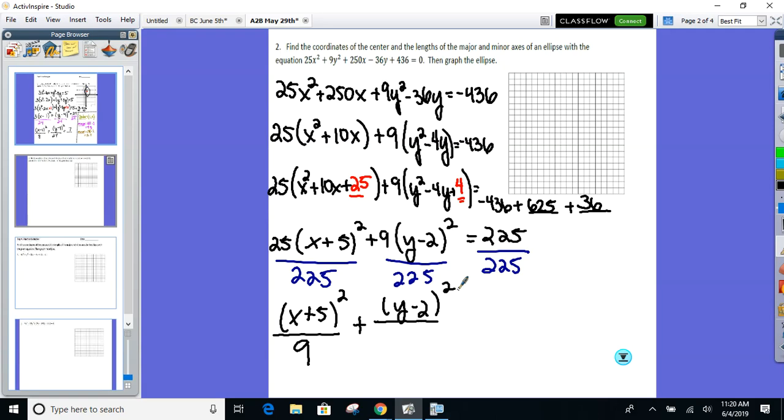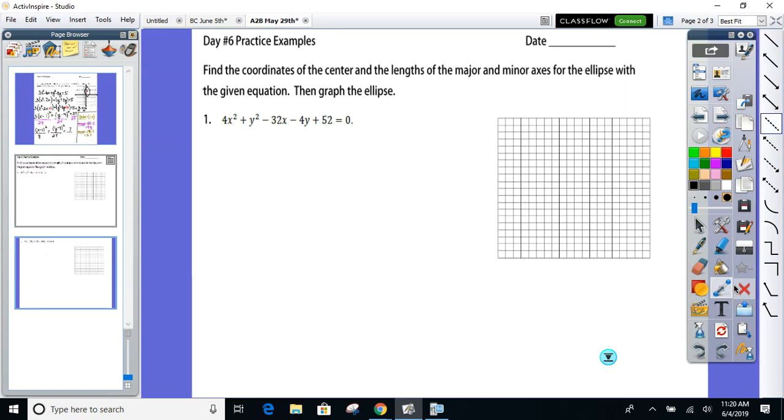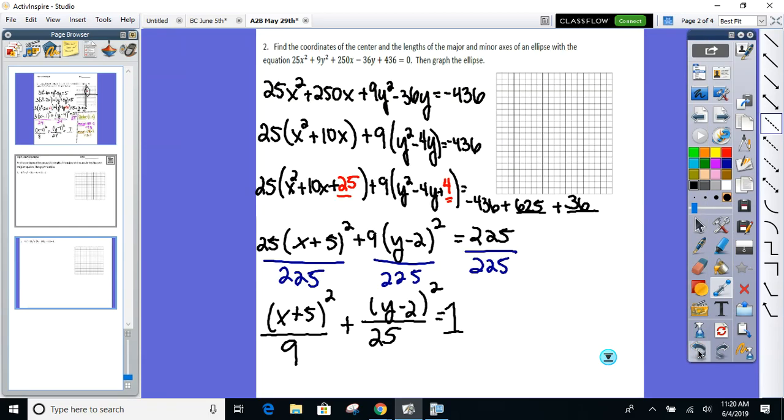Just on your calculator, 9 over 225. Should be 25. Oh, hey. There we go.